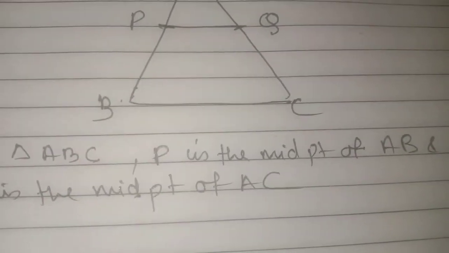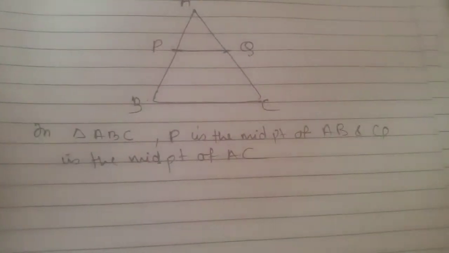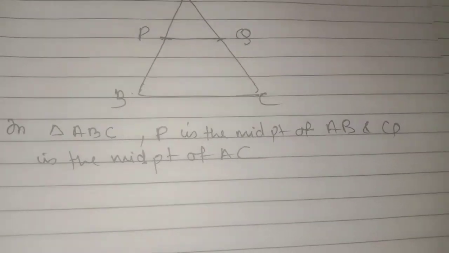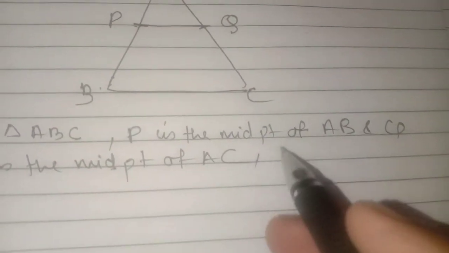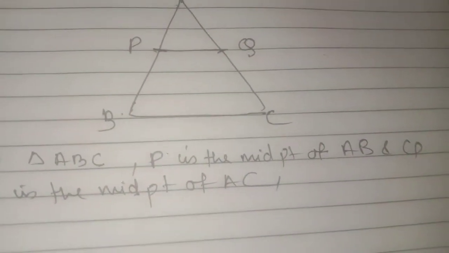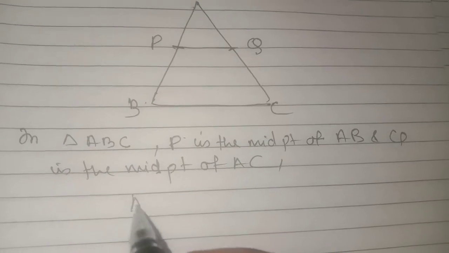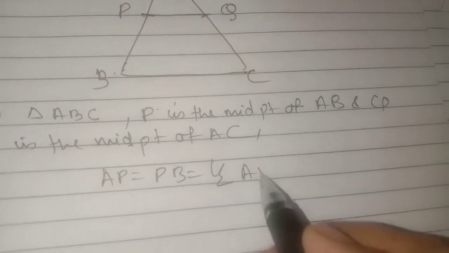It is given as well as we can write that if P is the midpoint of AB, so what we come to know is that AP is equal to PB is equal to half AB, that is, 1 by 2 AB.